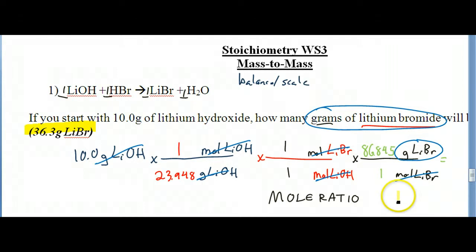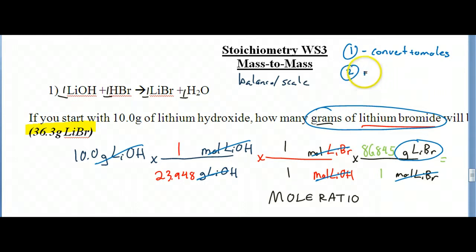It does come down to the 3 steps of stoich, which are worth mentioning now. The first step is to convert to moles. Whatever you're given, convert it to moles. If you have moles already, that's good, then you don't have to convert to moles. The second step would be to use the mole ratio, which is what this is here.